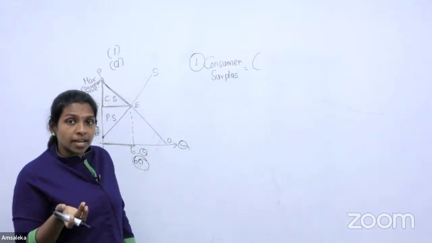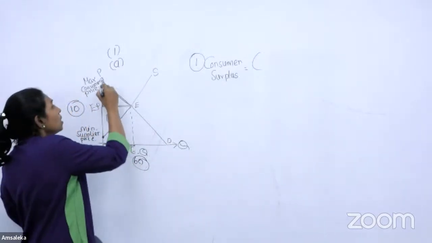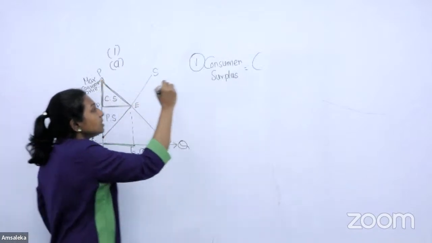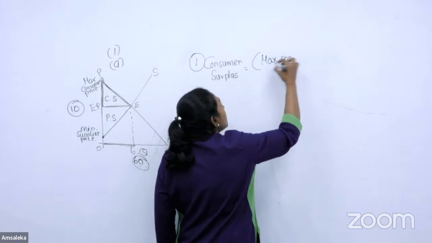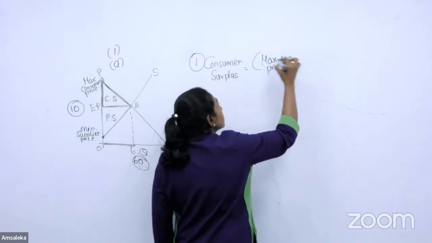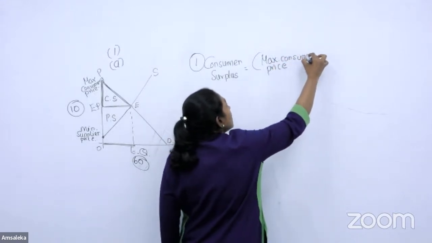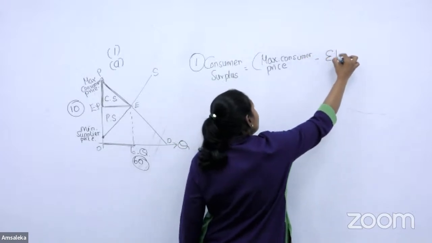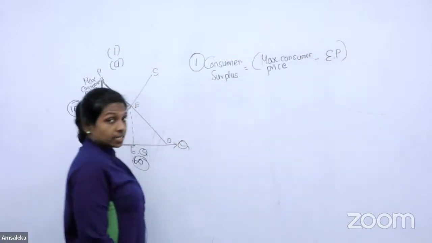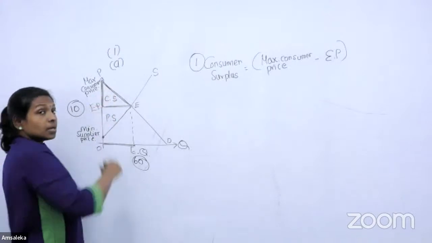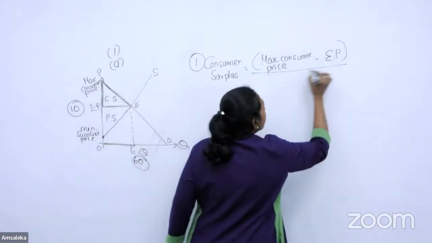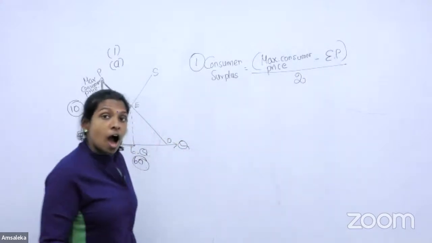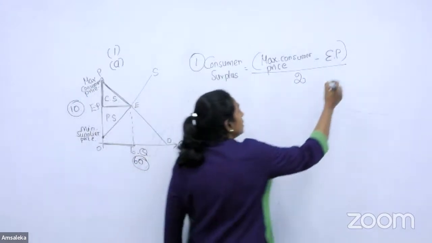Anyhow, we are going to multiply now. Height is the difference between the maximum consumer price minus the equilibrium price. Now height into half. Half means we are going to divide by 2. Half into base.